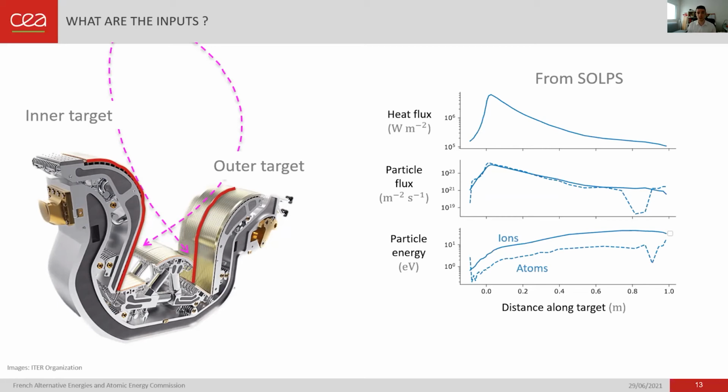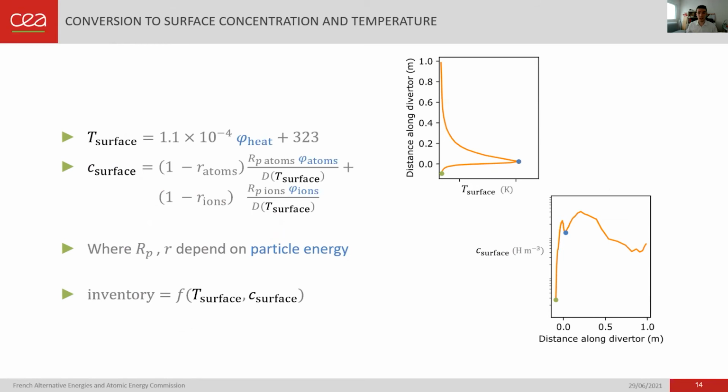So the idea is to convert these outputs of the plasma codes into inputs that we can use in FESTIM in our simulation, and especially in that 2D continuous behavior that I showed you earlier on. So that's how we do it.